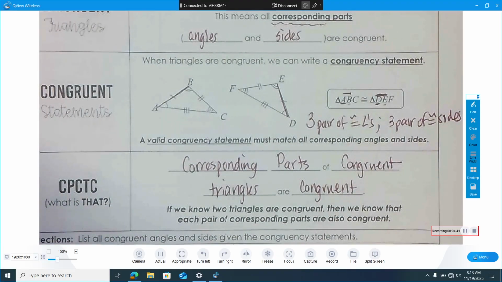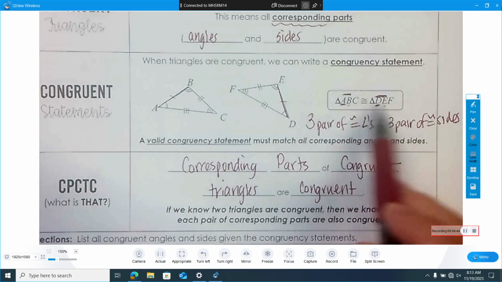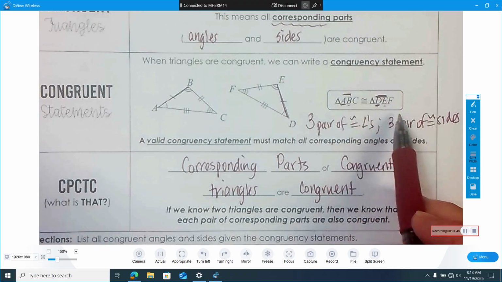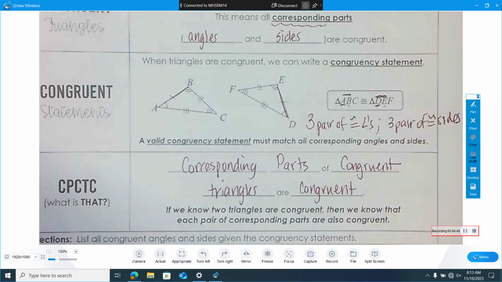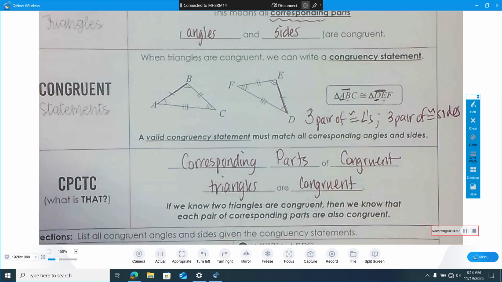Which is basically what I just said. If we have a congruency statement, then we have three pair of corresponding angles that are congruent. We have three pair of corresponding sides that are congruent. And so any corresponding parts of congruent triangles are congruent.